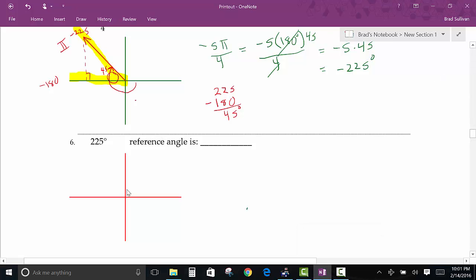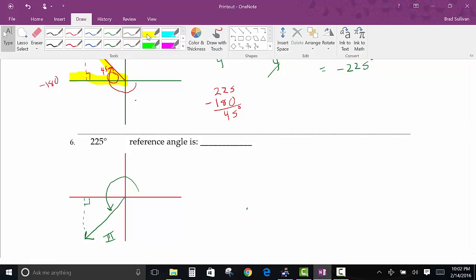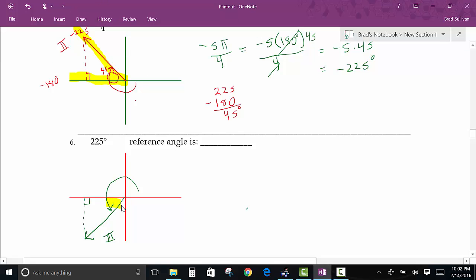Let me find my pen. There we are. We'll count it out: that's 90 degrees, 180 degrees, a little bit less than 270. So clearly you're going to be in quadrant 3. And again, what you always do is draw to the x-axis at a right angle, and your reference angle occurs right there.